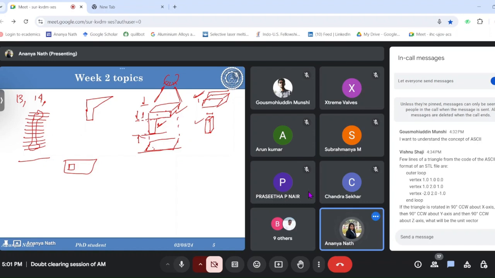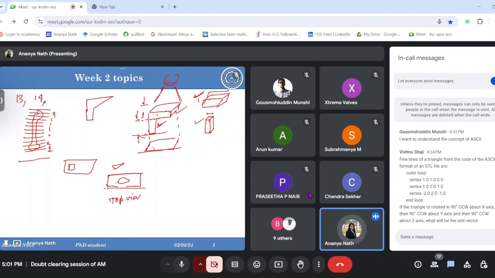And for example, if this is the first layer, this is second, and this is nth layer. For the first layer, the part somehow looks like this, and the contour, this is top view, okay, top view, the contour will look like this.